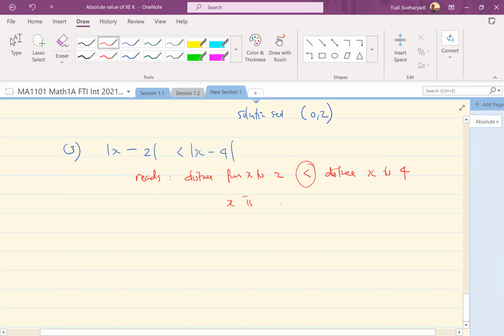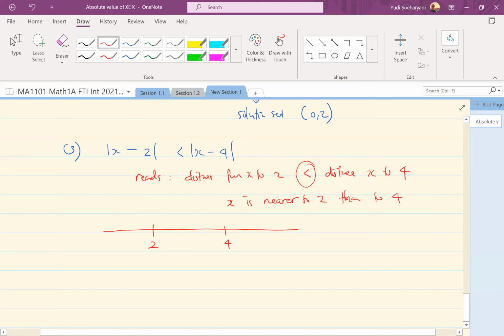x is nearer to 2 than to 4. That's how you read it. All right, so let's mark 2 and 4.